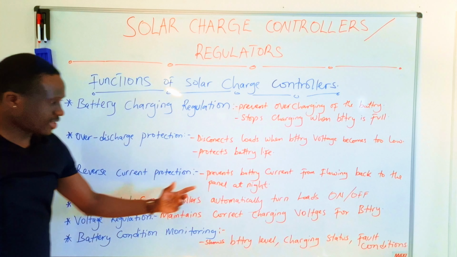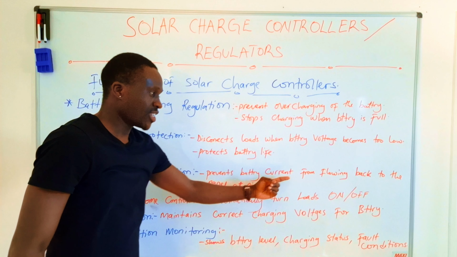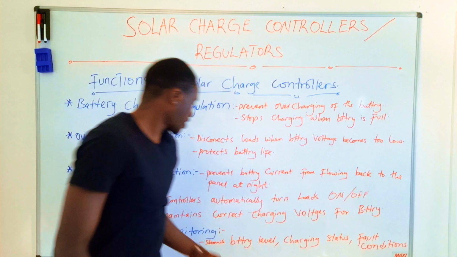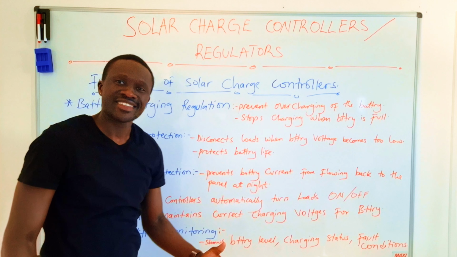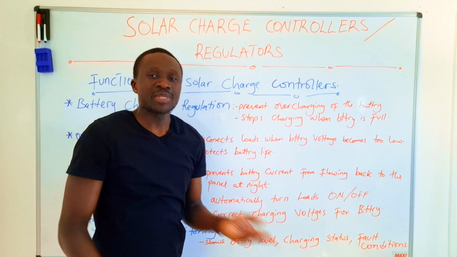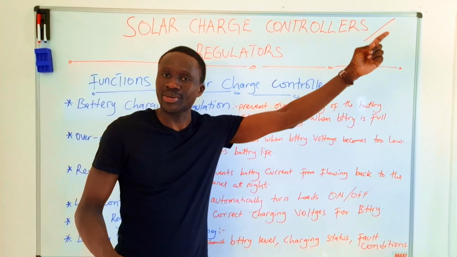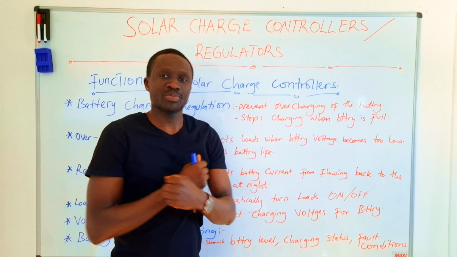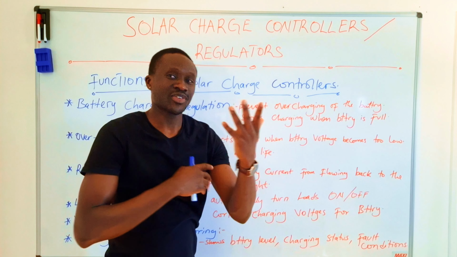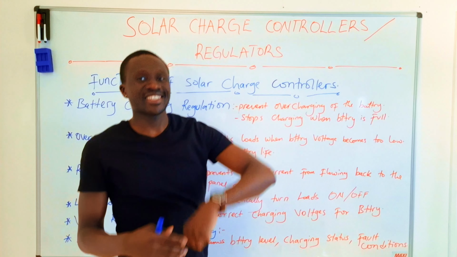And here they are saying it prevents battery current from flowing back to the panel at night. You see? And our panel will be resting at night, waiting for morning to come so that it charges.